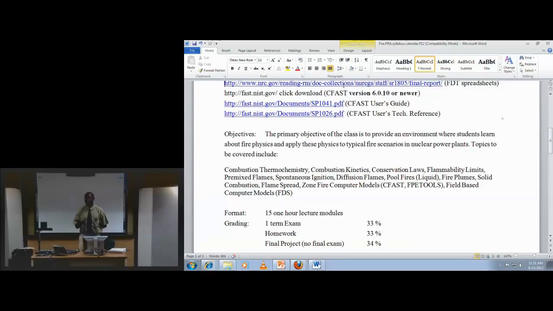We'll talk about the different types of canonical flames. So there are premixed flames, flames where the fuel and the air are initially intimately mixed, and non-premixed or diffusion flames where the fuel and the oxidizer, in the cases that we're generally interested in, will be an air gas where oxygen is the primary oxidant.